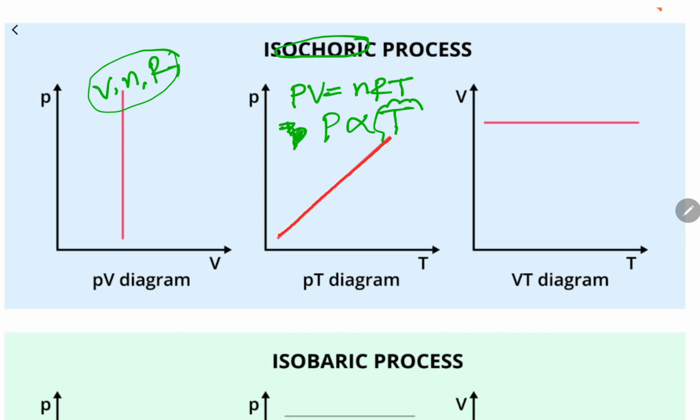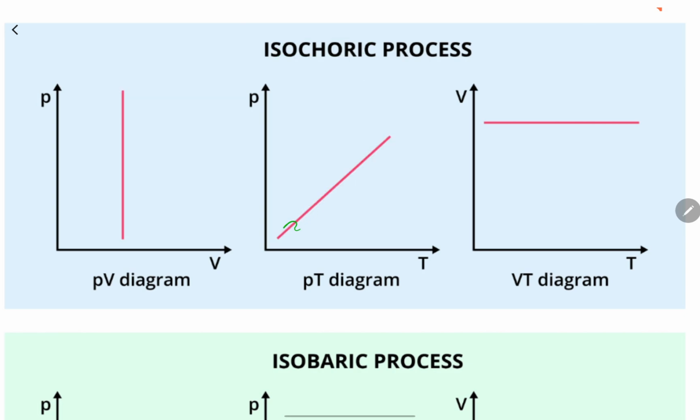If you increase temperature, your pressure will increase. If you decrease temperature, your pressure will decrease. Here in the graph, you can literally see that with the increasing temperature, the pressure is increasing, and with the decreasing temperature, the pressure is decreasing.